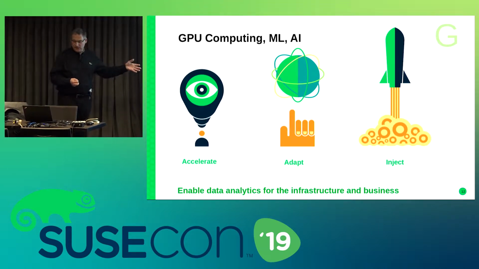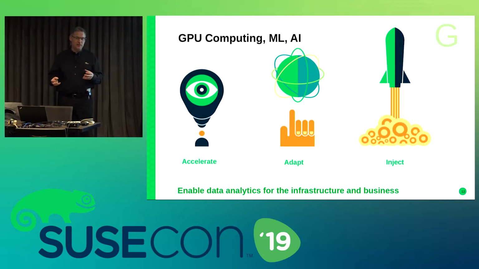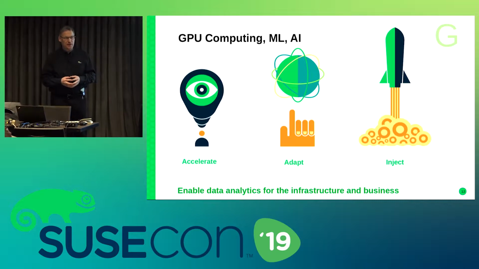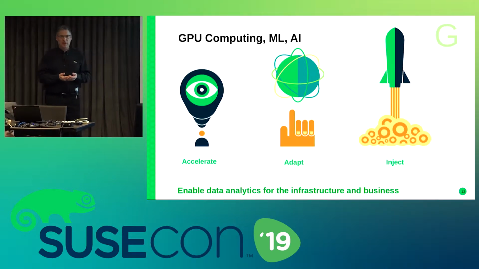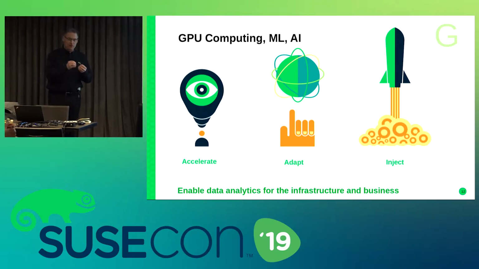So accelerating here means that we are working with all the hardware partners with respect to GPUs, but also with respect to FPGAs, so that their customers have faster and better access to the technology, to the connection between the hardware, the operating system, and the application.